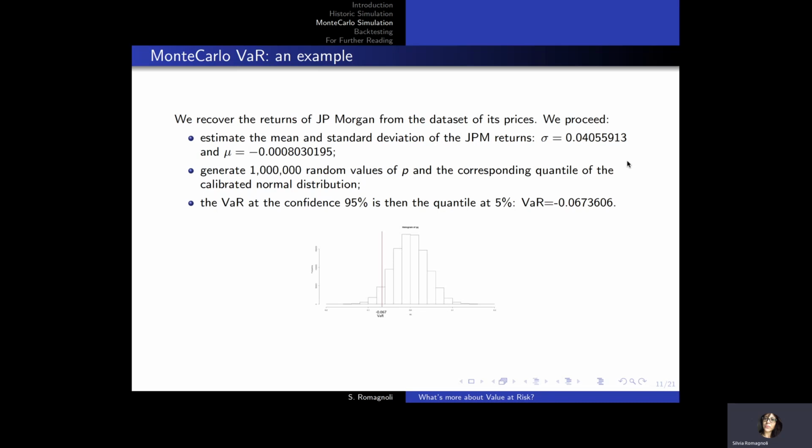Then we proceed generating 1 million random values of P, and then we recover the corresponding quantiles of the calibrated normal distribution. Finally, the value at risk at the confidence level 95% is the quantile at 5%, as you can see in the picture below, and it corresponds to a value at risk equal to minus 0.0673606.